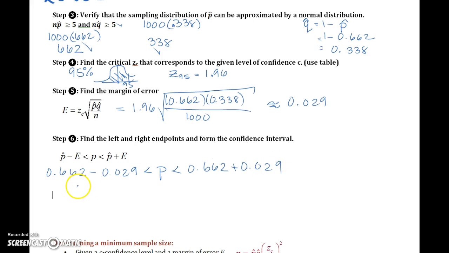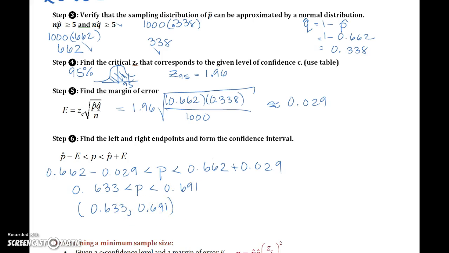Then you'll do a little bit of arithmetic and get that this is 0.633 less than p and less than 0.691. If they only ask you for the interval, then you could just write your regular interval notation.